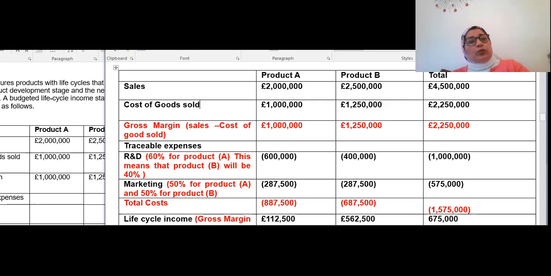Under absorption costing, we get the gross margin. So the absorption costing includes both the variable costs and the fixed costs in the cost of goods sold. This is why we got gross margin.